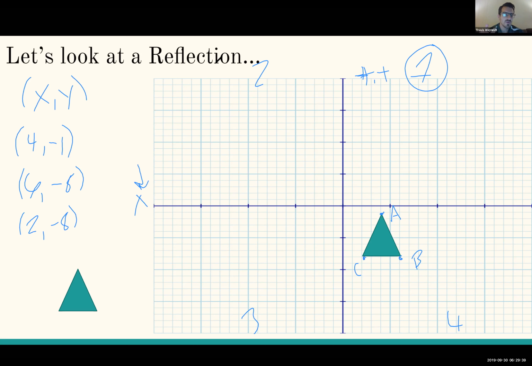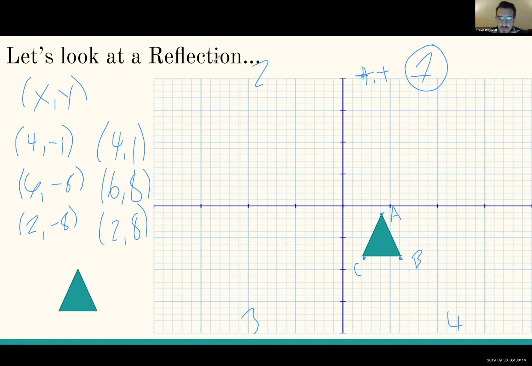So if we go over to the coordinates and make both of those positive, so again, we know that the x is positive, but if I make the y positive as well, both of them positive, it's going to give me a new location for my reflection across the x-axis that shows the location of that new triangle.